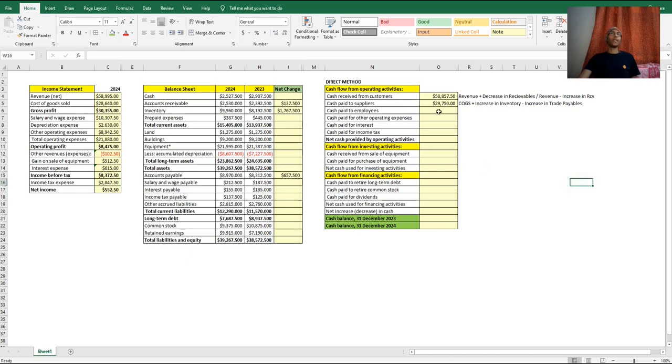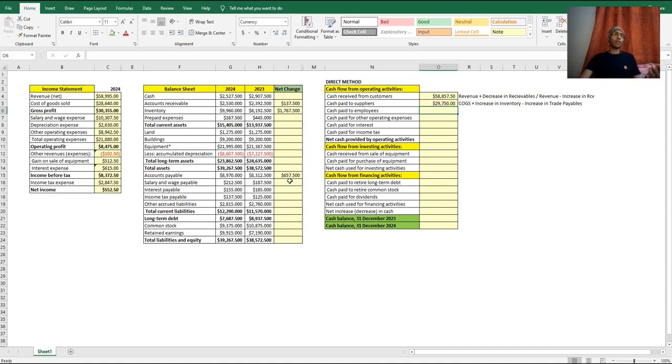Cash paid to employees. This is basically salary and wage expense adjusted for the change in salary and wage payable. So if the payable increases, you basically reduce that amount from the salary and wage expense in the income statement.